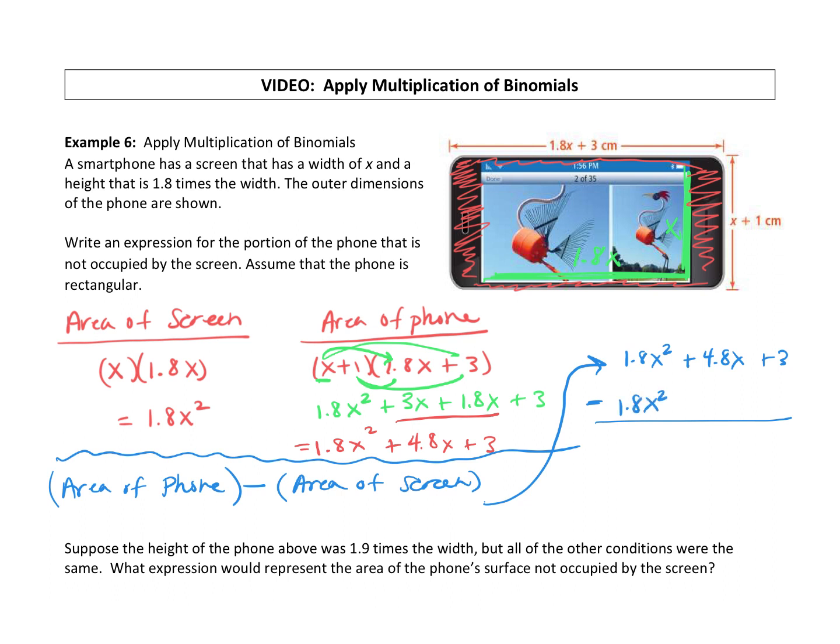All right, well, guess what? 1.8x squared minus 1.8x squared cancels. The 4.8x has nothing that will subtract from it, so that's going to carry down. And nothing's going to subtract from the 3, so we carry down the plus 3. So 4.8x plus 3, that is the area of the portion of the phone that is not occupied by the screen.